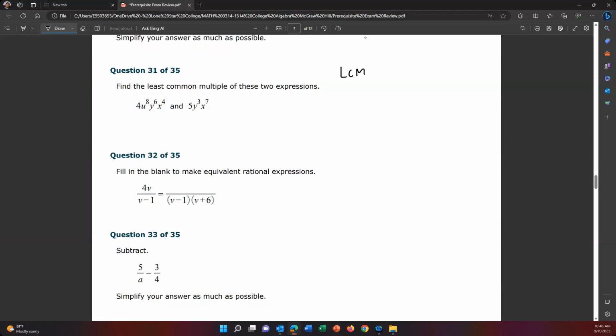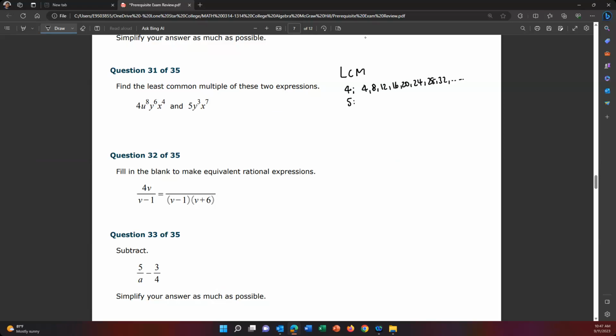Okay, if we look at 4 and 5, why don't we list a few multiples of 4 and a few multiples of 5? Okay, so simple enough. 4, 8, 12, 16, 20, 24, 28, 32, blah, blah, blah.